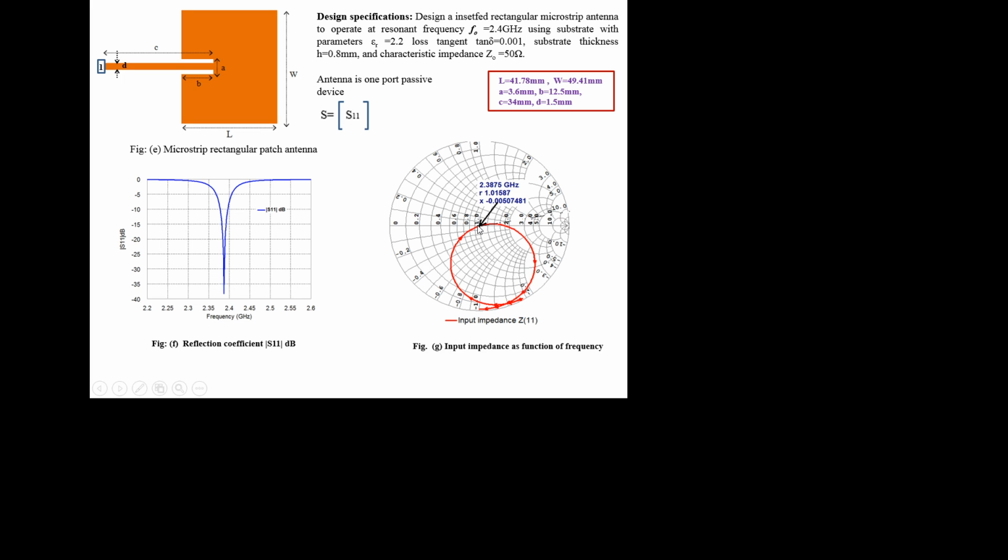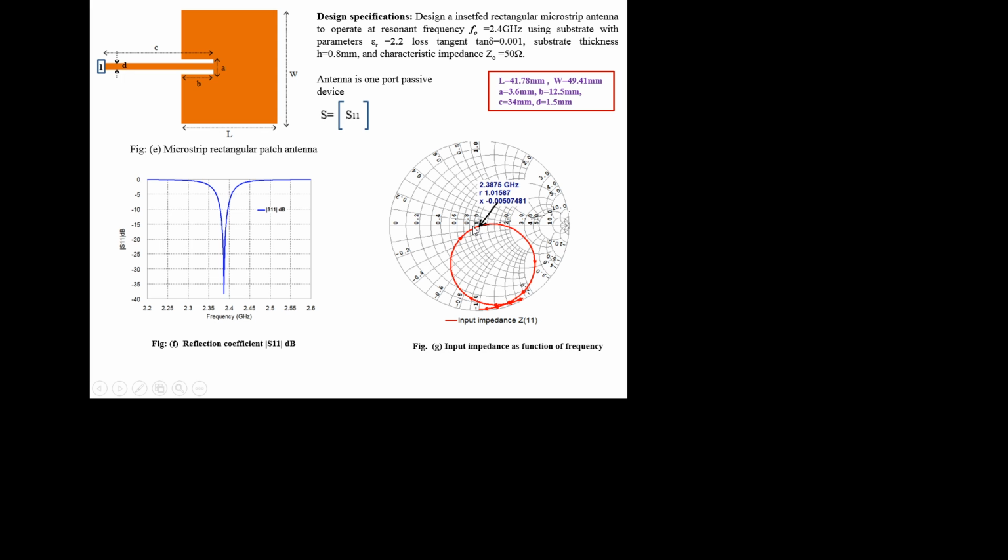At this particular frequency it is at the center of the Smith chart, up to 2.387 gigahertz, that is the resonant frequency. You can observe the impedance on the Smith chart: R is equal to 1 and X is equal to 0.005, almost 0.